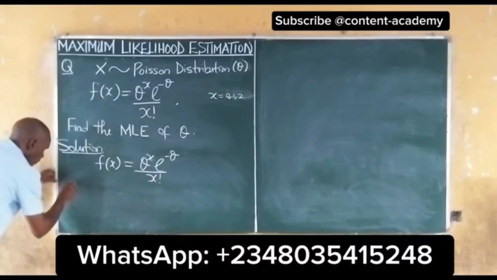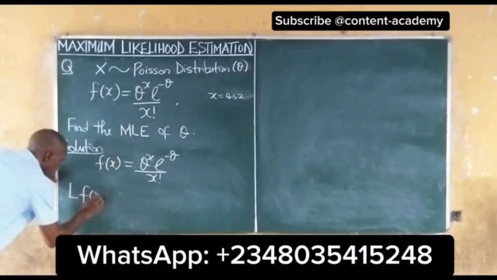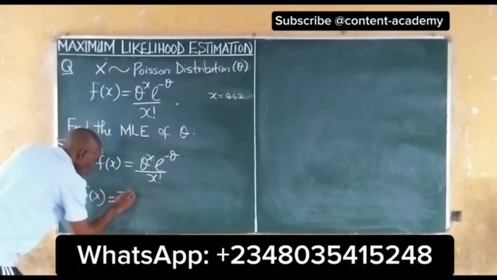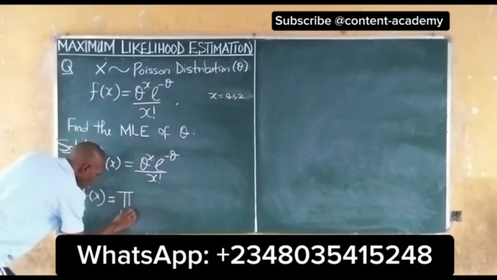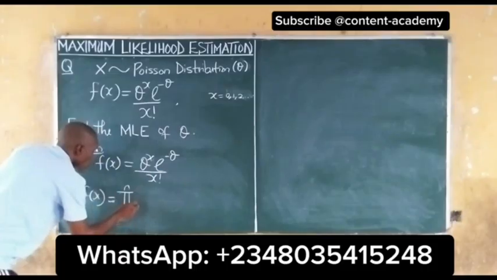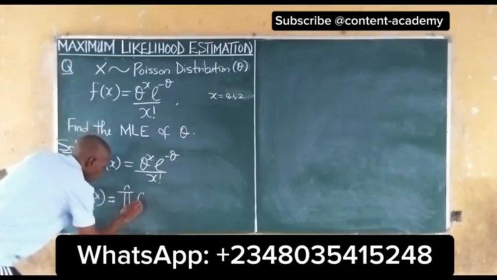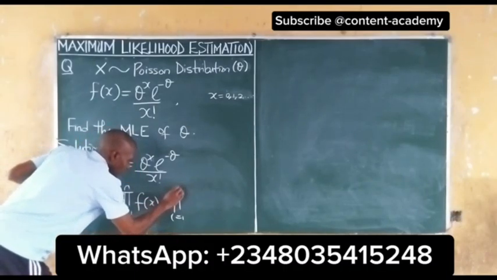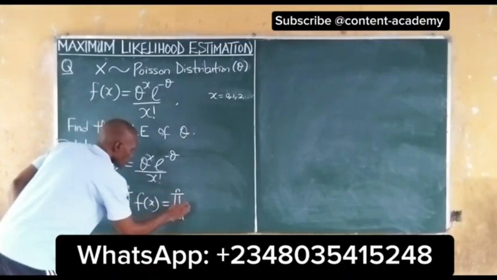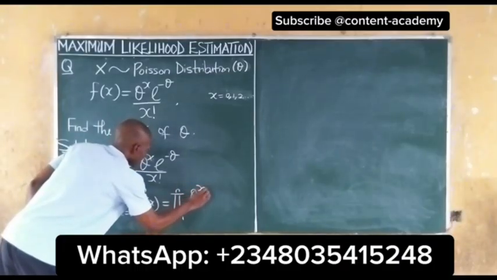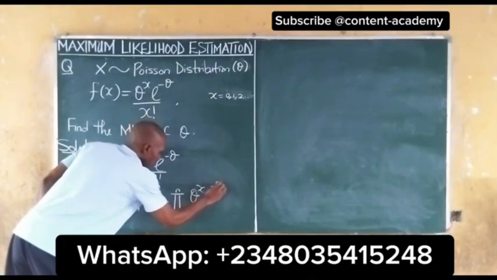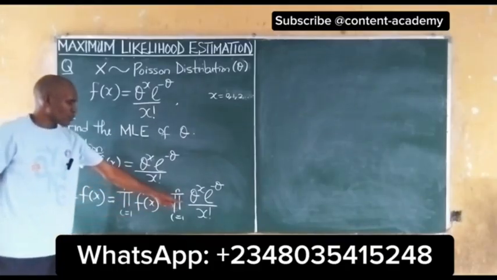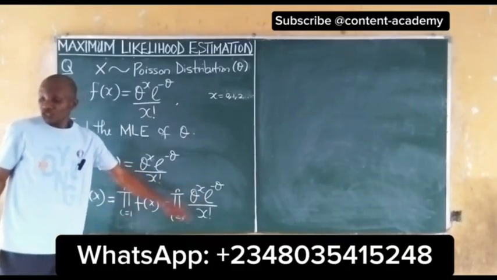So the likelihood function of the given Poisson distribution is equal to the product, i from 1 to n, of f of x, which we can write as the product of theta to the power x, exponential negative theta, all over x factorial. So all we need to do is to take the product of the given distribution.